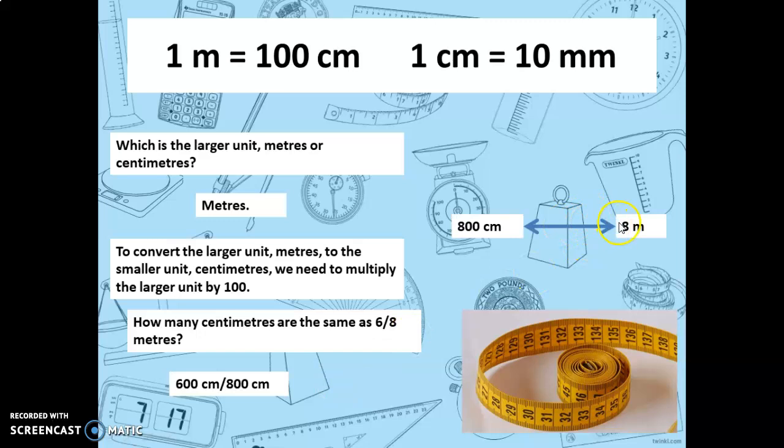It goes both ways. So if I'm converting from centimeters to meters, I will need to divide by 100. If I'm converting from meters to centimeters, then I need to multiply by 100.